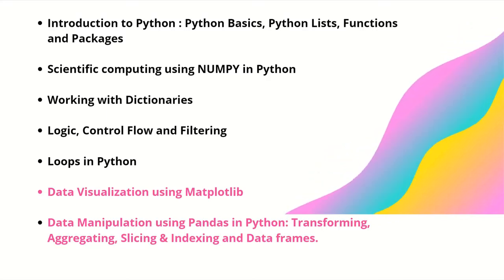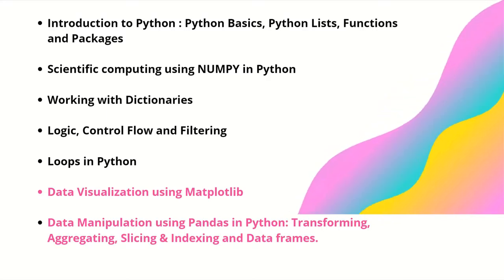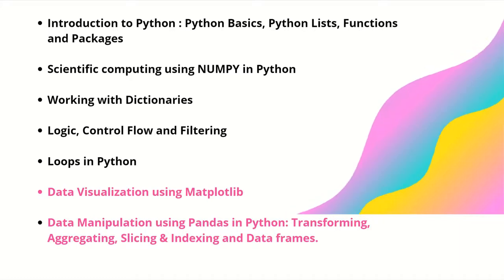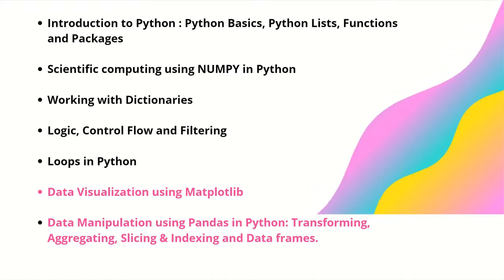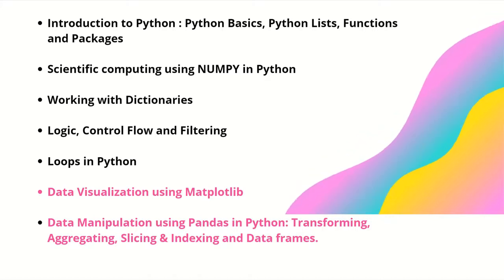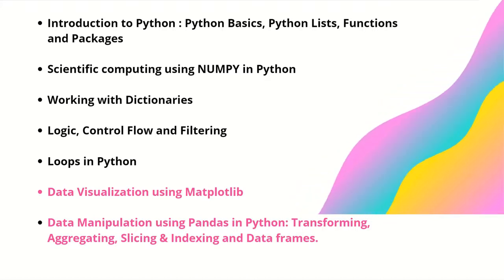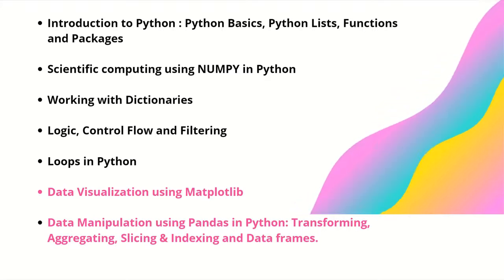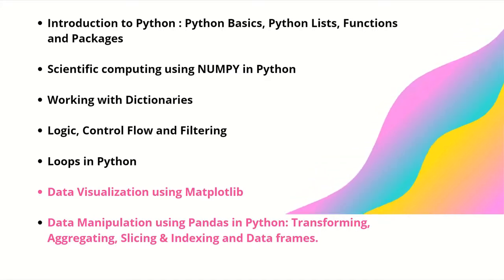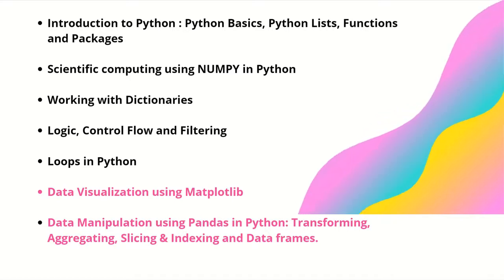Trust me, once you get through this 30 hours of content, you would be in a very, very comfortable position to go ahead with your career in the field of data science. Even if you don't learn beyond this, you are good enough to enter level 1 or level 2 of being a data scientist.